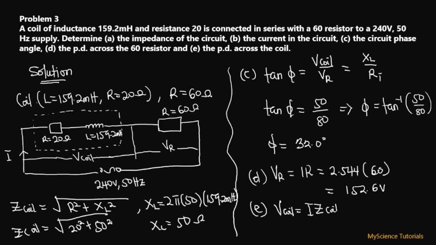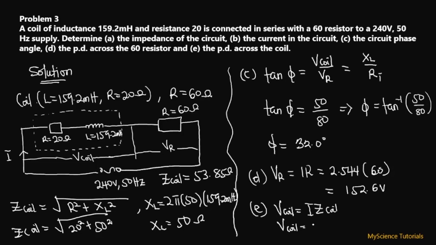If we compute these into the calculator, the impedance of the coil, Z coil, is going to be equal to 53.85 ohms. Now that we found that, we can find the V coil very easily.